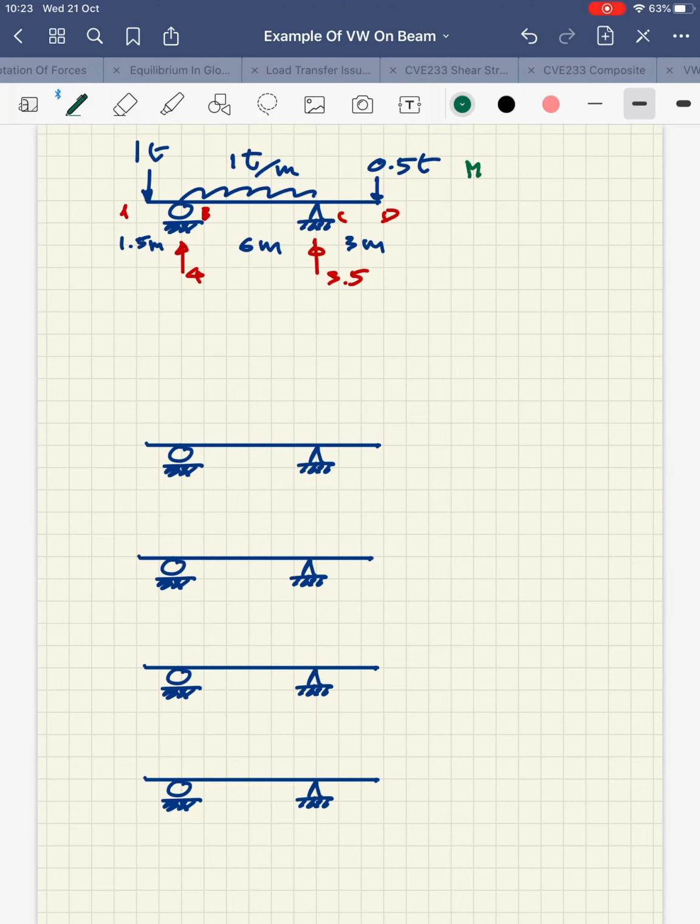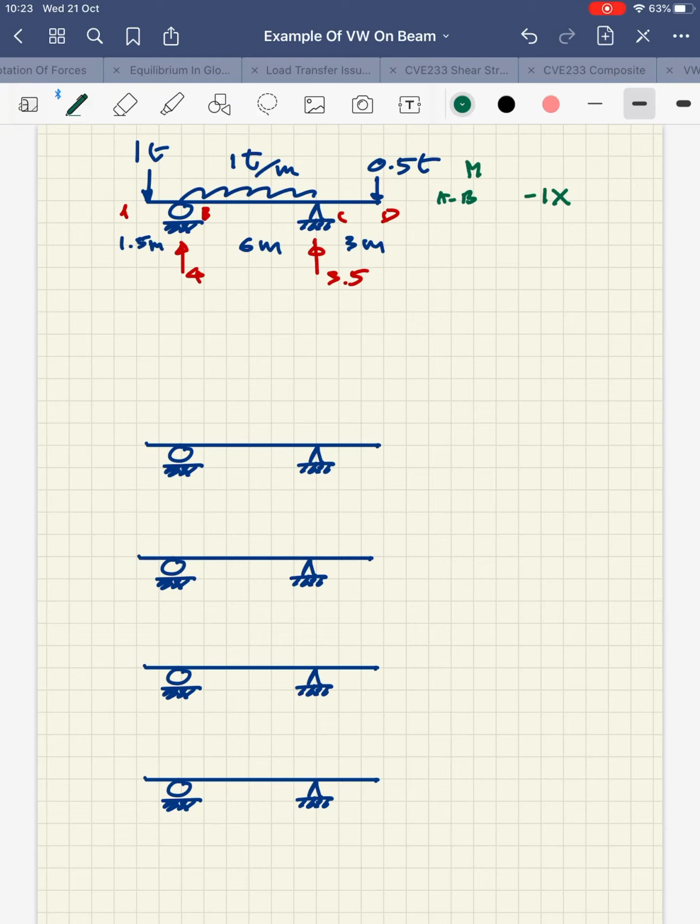So I am going to start by writing the moment equation for the actual load case. So from range A to B, it's very simple enough that I have the moment equation equals to minus 1x.